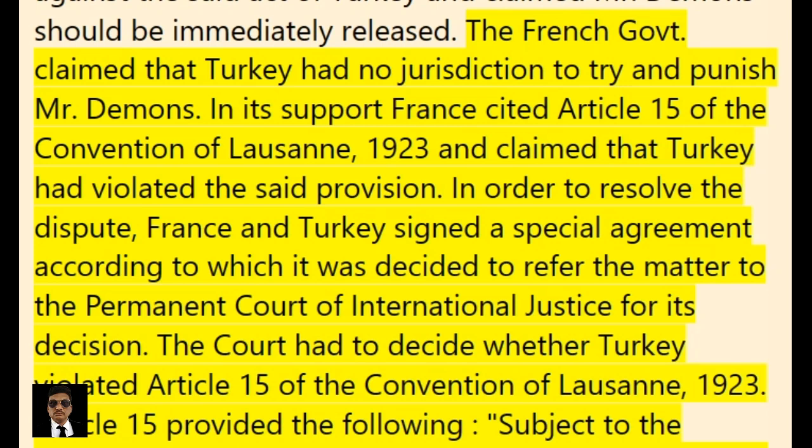The court had to decide whether Turkey violated Article 15 of the Convention of Lausanne, 1923. Article 15 provided the following: subject to the provisions of Article 16, all questions of jurisdiction shall, as between Turkey and other contracting parties, be decided in accordance with the principles of international law.